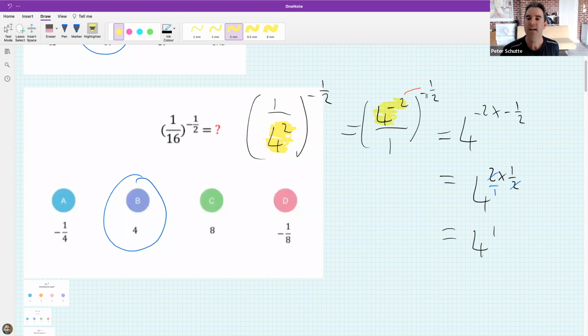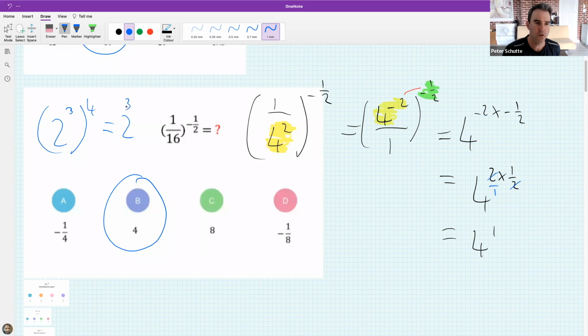Now the negative half is actually not moving up or down. It's actually being multiplied. So this is the law that says, if I've got 2 to the 3 to the power of 4, I get 2 to the 3 times 4 or 2 to the 12. So these powers are being multiplied. Oh, okay, sir. Cool. Good question though. I like it.